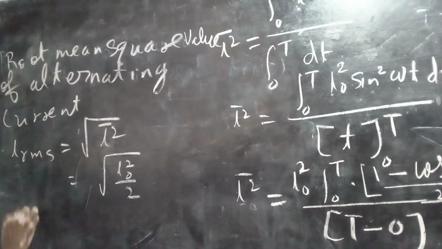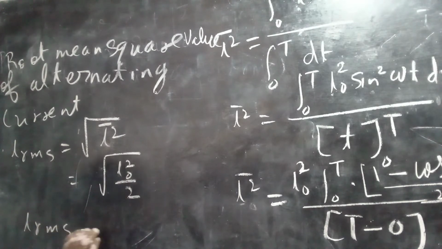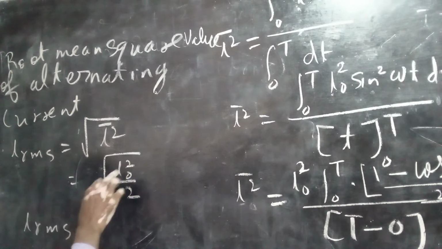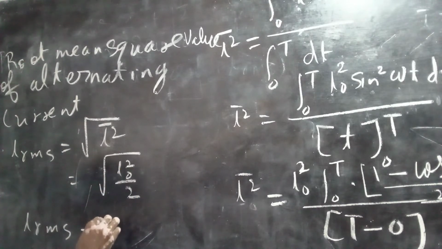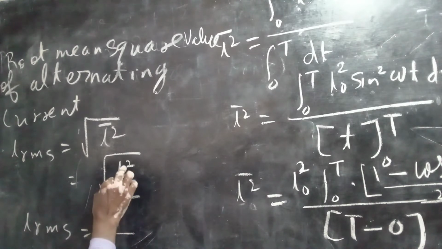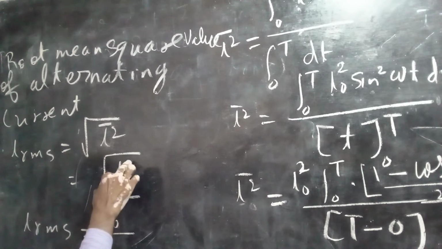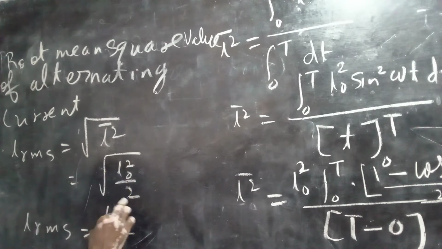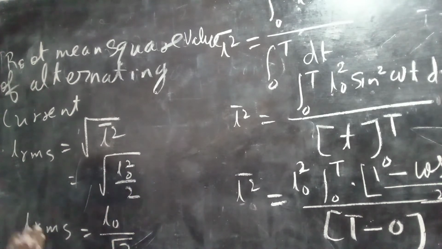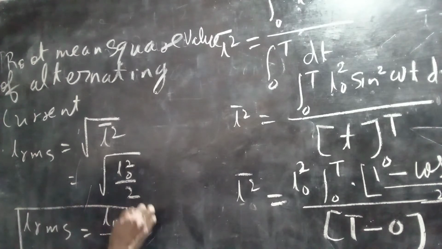So IRMS is the square root of I0 square upon 2. When you take the square root, the power becomes half, and half power of 2 is root 2. So IRMS is equal to I0 upon root 2. Root mean square current is 1 by root 2 of the peak value of current.